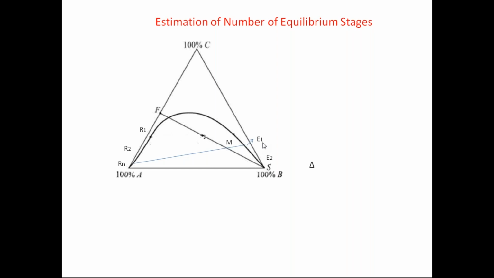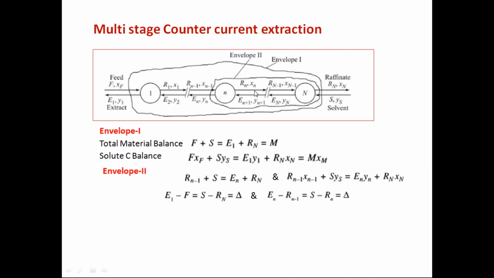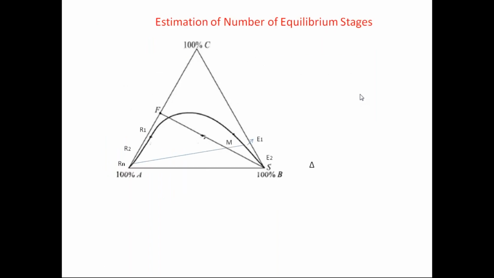If you know the y1, you can find out E1. But usually this Rn can be put on the binodal curve. How do you put it? Because you have to know the lower concentration, that means the concentration in the raffinate. Initially the feed has this much concentration, and it has to be reduced to this one.